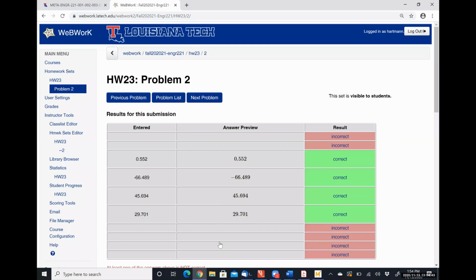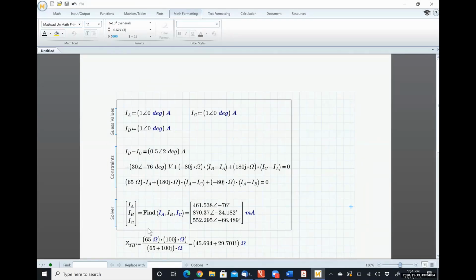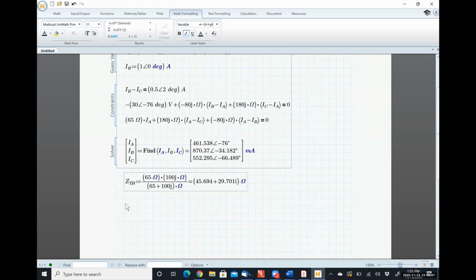All right, so now that I know what those two quantities are, what would I do to get V Thevenin? I times Z. Yeah, I times Z. So I'm just simply going to multiply those two together, which I'm going to do on my computer because I like it. All right, so V Thevenin would be IC times Z Thevenin, and I want that expressed as a polar form complex number.